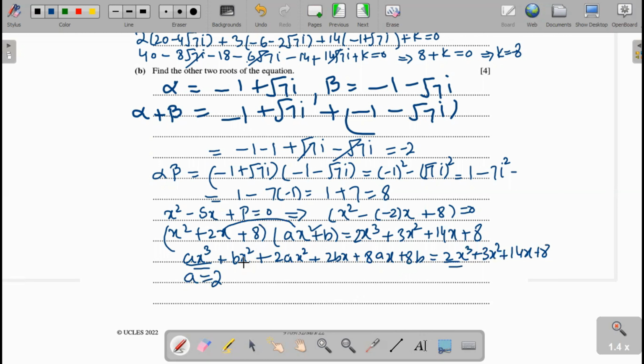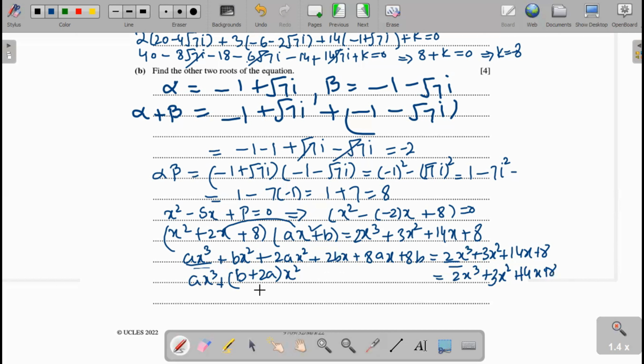Now we compare the coefficient of x squared. Here the coefficient of x squared is b plus 2a, and we compare it with 3x squared in 2x cubed plus 3x squared plus 14x plus k.